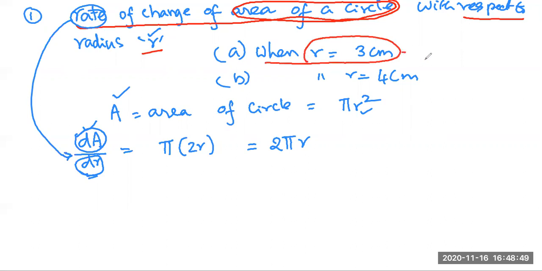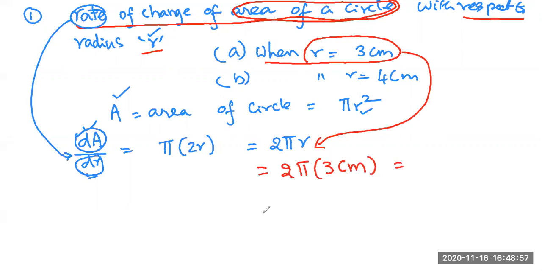So I need to substitute this into this. So I get 2 pi multiplied by 3 centimeters, which is 6 pi. Since we got 3 centimeters already, we apply centimeters here. So this is the final answer.